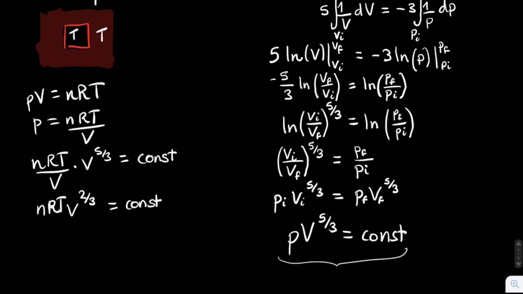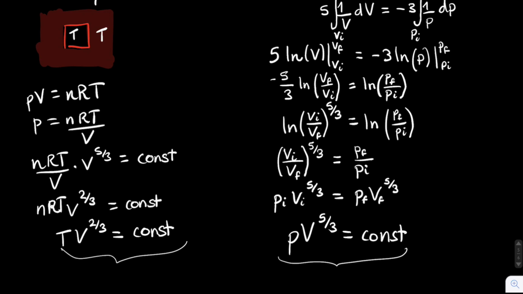The number of moles is constant, and since n is a constant and R is a constant, we can simply define another constant in the same way. So TV to the 2/3, remember we're dropping the nR, is just another constant. It doesn't matter what it is, it's just a slightly different constant. But this is also true for an adiabatic process. So we've derived that PV to the 5/3 is a constant and TV to the 2/3 is a constant.